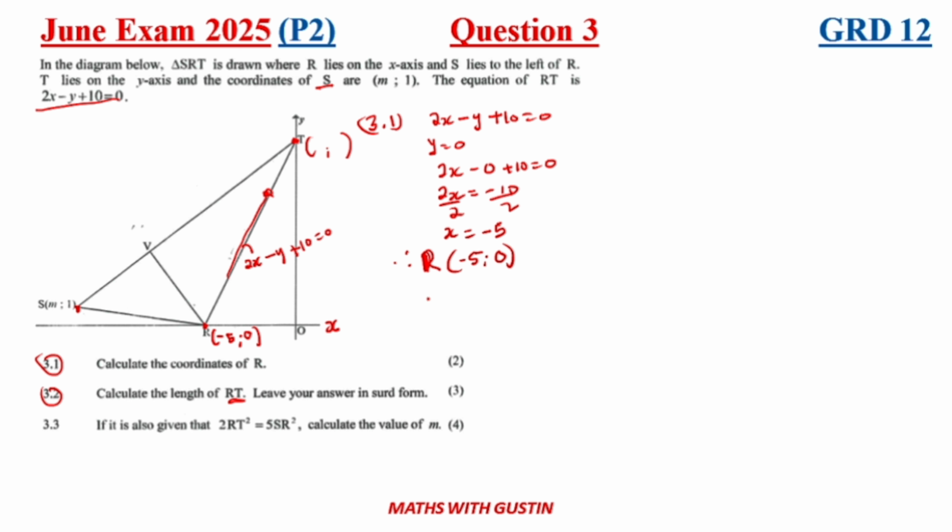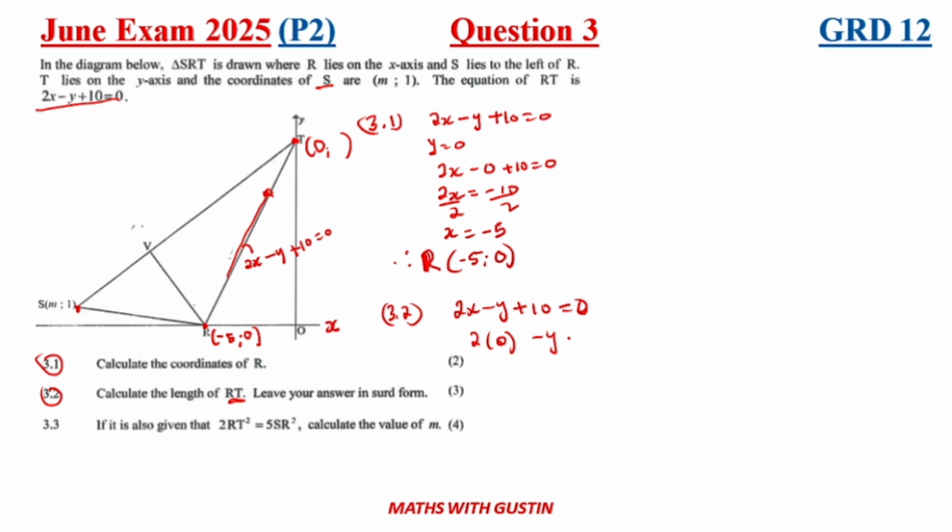So for 3.2, you need to find the value of the y coordinate of T. We already know that the x here will be 0 because this is our y-intercept. So if x is equal to 0, what is y?